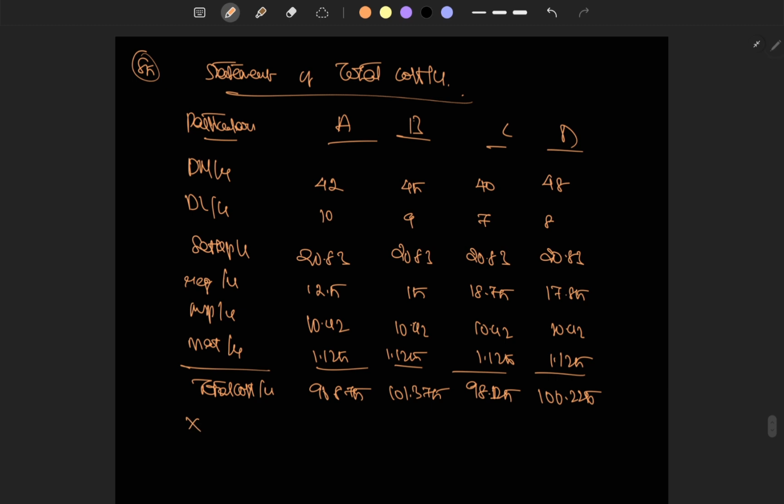So if we multiply these per unit values with the number of units, 720, 600, 480, 504, we'll get the total cost per product.